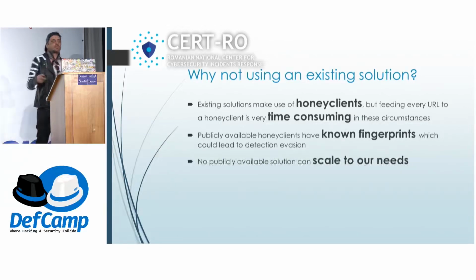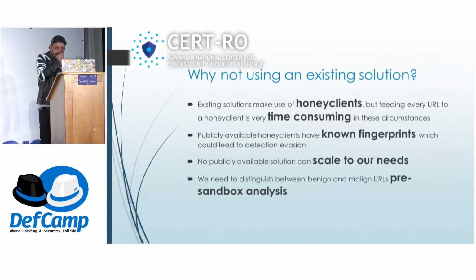Also, our solution has to be quite scalable, because we have a lot of data to process, and no publicly available solution can scale to our needs. This means that we have to distinguish clearly between benign and malign URLs pre-sandbox analysis.